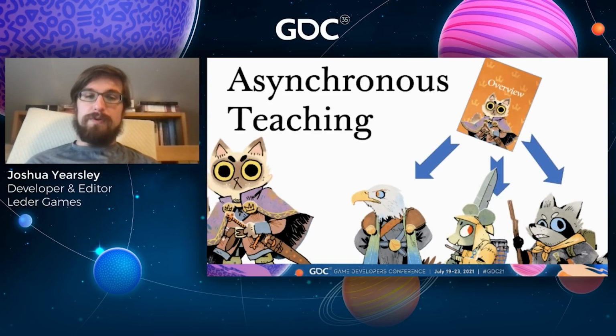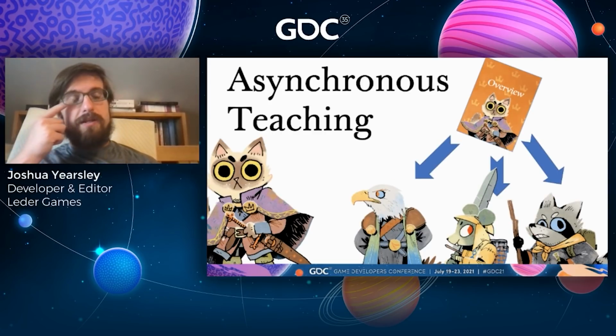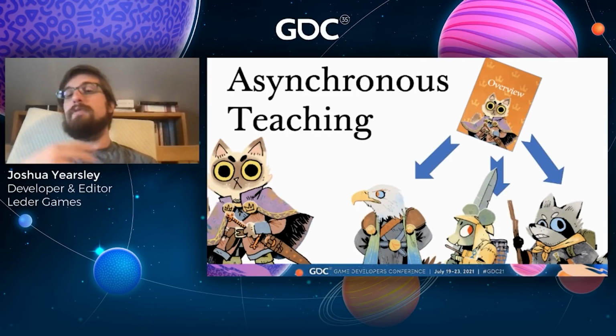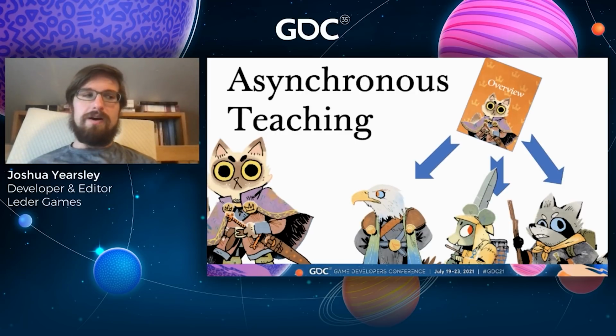And so for Root, the strategy that we settled on was an asynchronous teaching strategy, where instead of one player getting their card for their own faction and teaching other people, we basically decided to give the faction cards to everyone. So on their own time, whenever they feel comfortable with learning about other factions in more depth, they can reference this card.